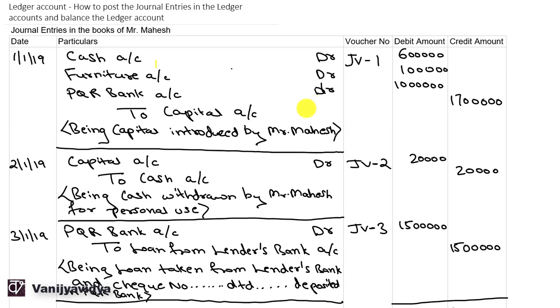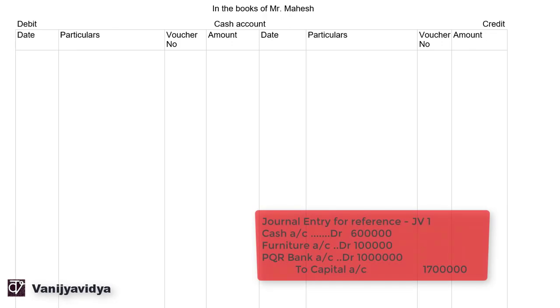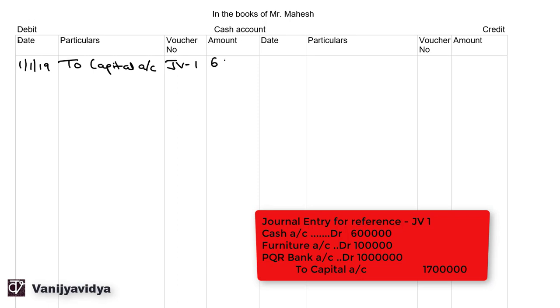So first we will go to cash account. Let's see how to post this. The journal entry is cash account debit. So on the debit side of cash account, date is 1st Jan 2019, to capital account, voucher number JV1, and amount is 6 lakhs.